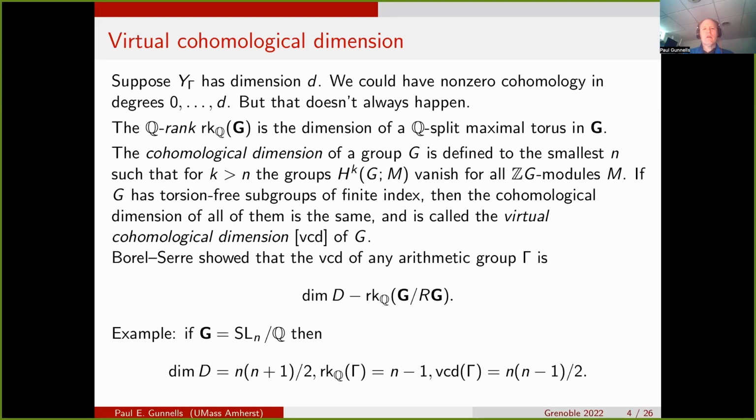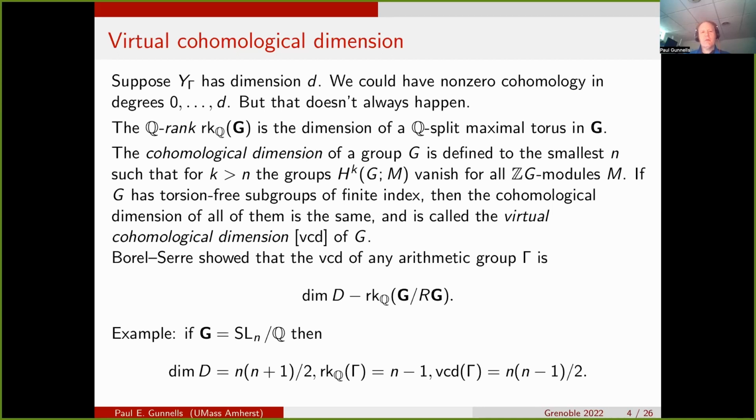So the cohomological dimension of a group we define to be the least n such that when you go above that n, you always get vanishing in the cohomology for all possible modules that you consider. If the group has torsion-free subgroups of finite index, then it turns out, by a theorem, that the cohomological dimension of all of them is the same, and that we call the virtual cohomological dimension.